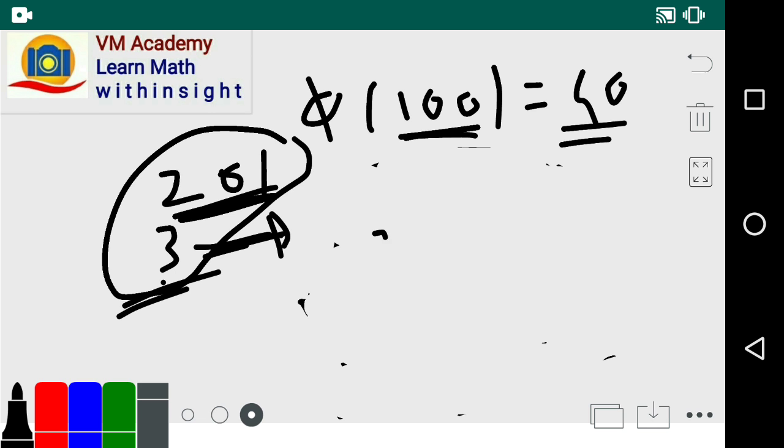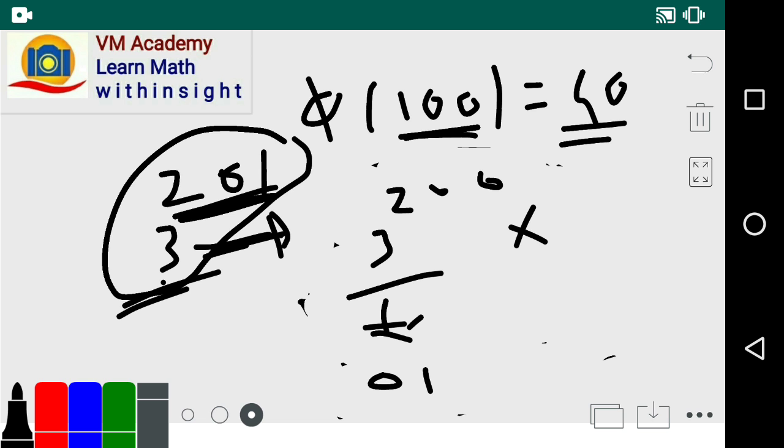So 3 raised to 200 ends with 0 1. Now when we multiply it by 3, it is going to end with 0 3, and in this manner we can calculate the last 1 digit, last 2 digits, and so on.